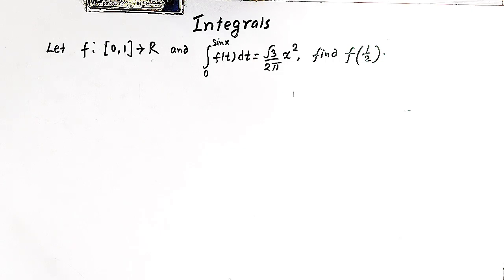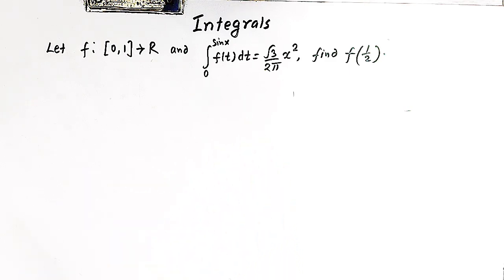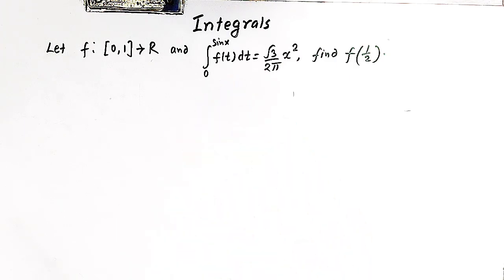So here in this session we are going to make use of the famous Leibniz integral rule to solve this problem, right? So let us first see the statement of Leibniz integral rule, and then we'll see how we can easily solve this problem using the concept of Leibniz integral rule, right?